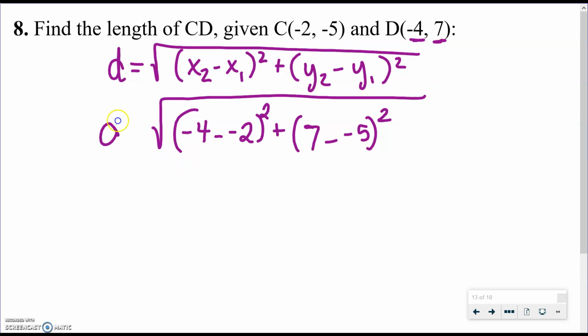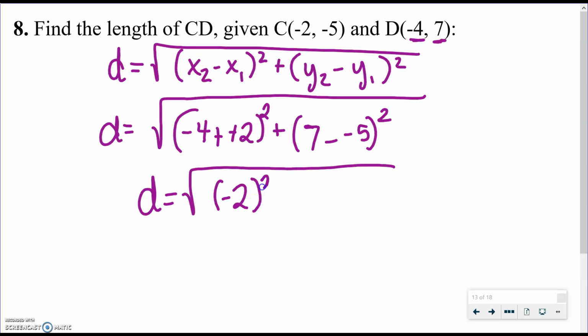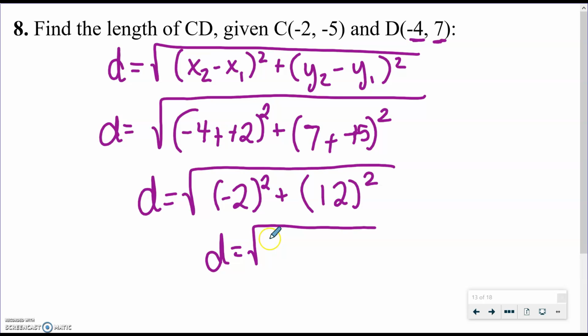So I simplify: subtracting the negative turns into plus, so we have -2 squared plus 12 squared. Then I have the square root of 4 plus 144, which gives us the square root of 148, which is our most accurate answer.